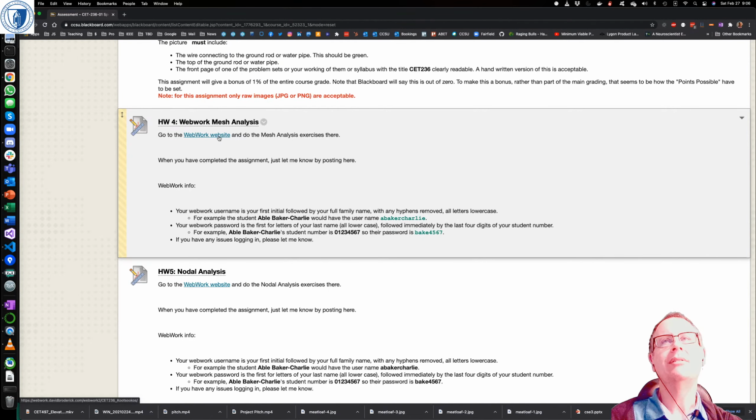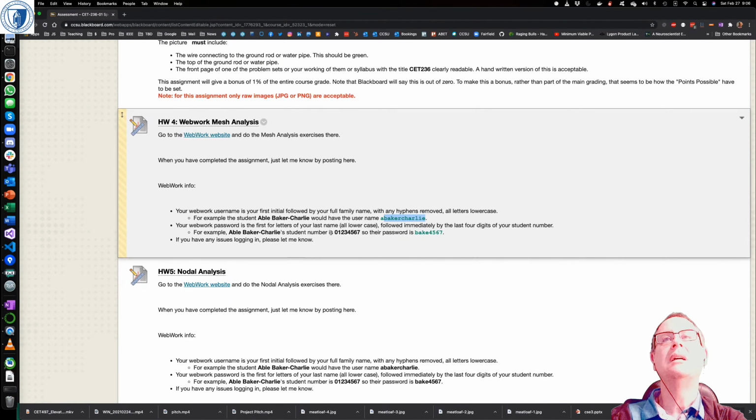So what you're going to have to do is log in to WebWork, and the instructions for figuring out what your username and password are down here, right? So if your name is Abel Baker-Charlie, then your username is your first initial and then your last name or your family name run together. Okay, and it's all in lowercase.